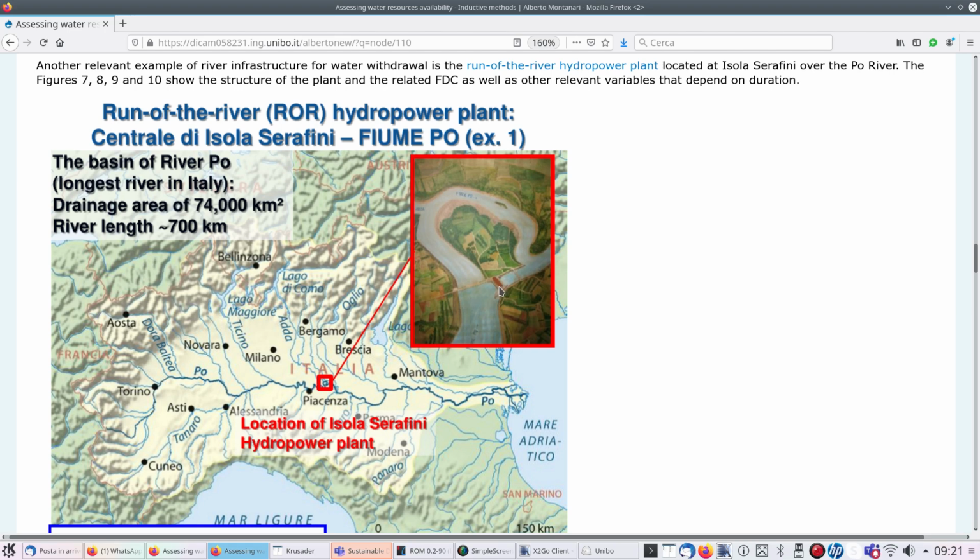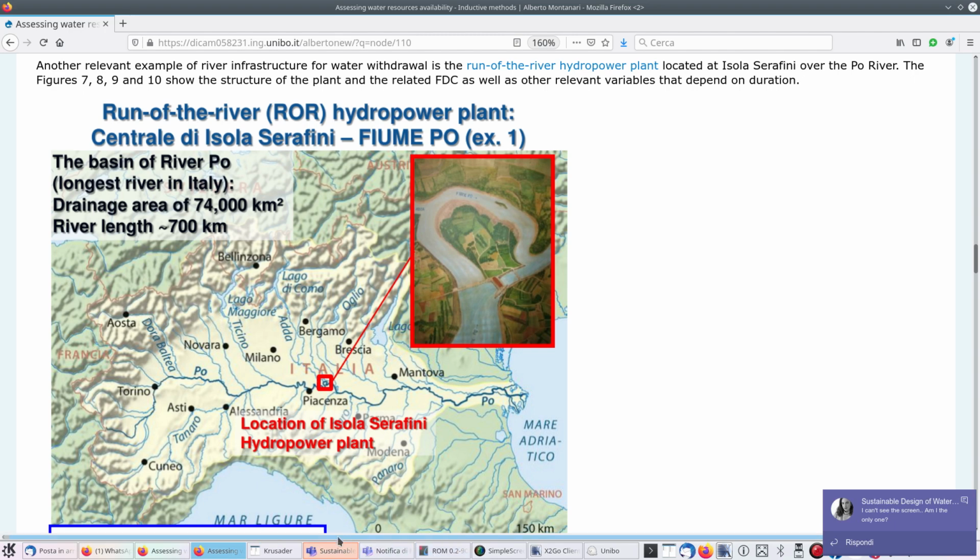And in this way, by putting a barrage on the cut channel, they are able to use the difference in elevation between upstream and downstream of the meander to produce hydropower. And what is interesting here is not only the idea. Keep in mind that this is the only barrage that is located over the Po River.